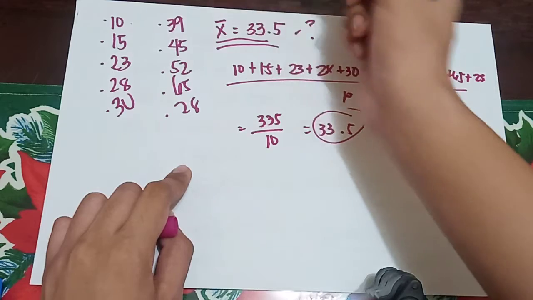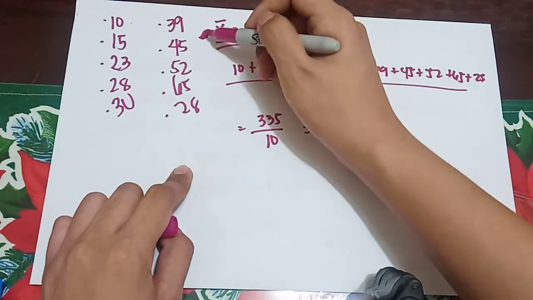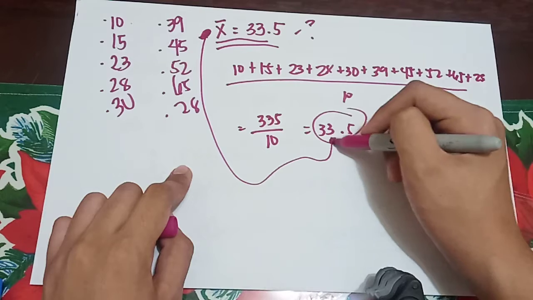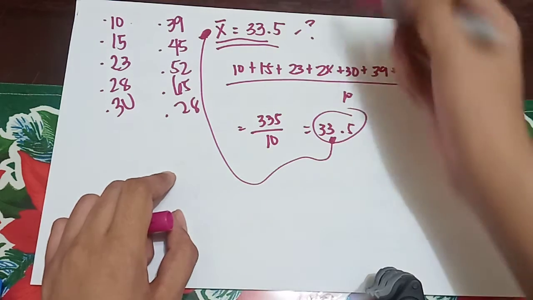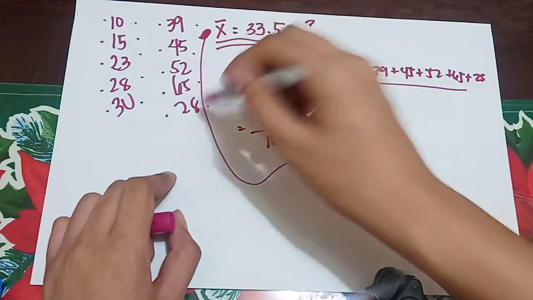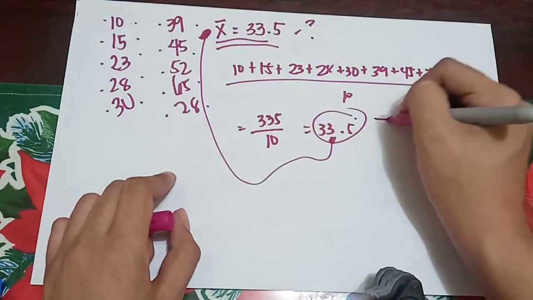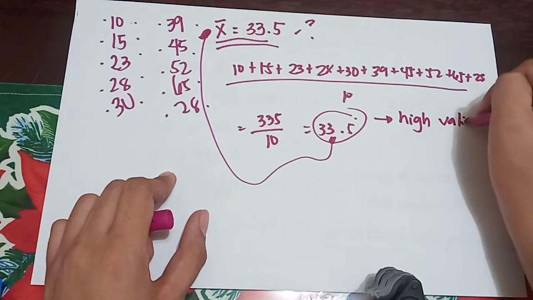As you notice, the true value present here is equal to the average we got. Meaning to say that our results, our data, has a high level of validity.